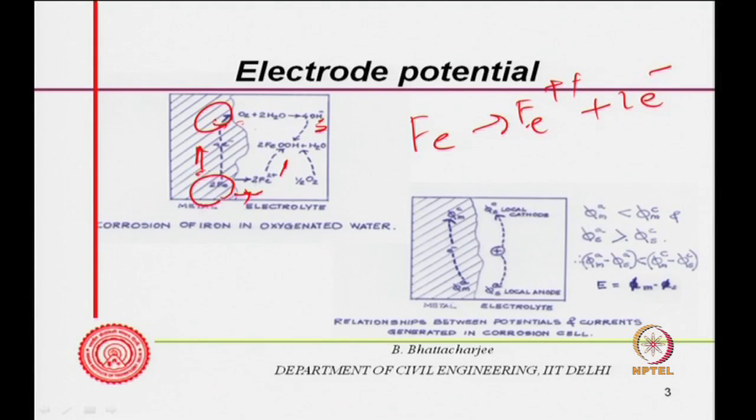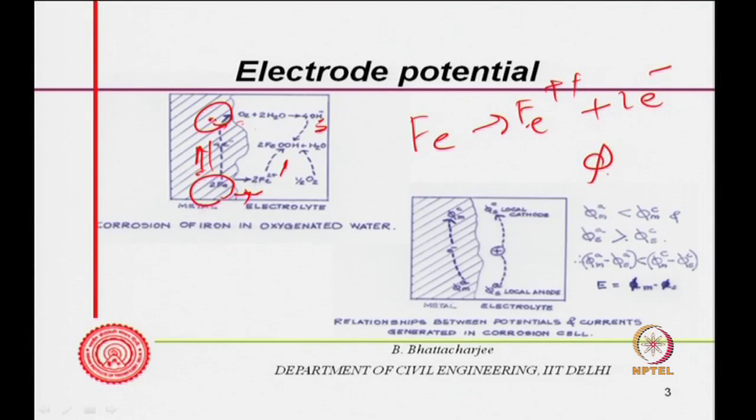Now, we talked about a double layer, with a potential at the metal and a potential at the electrolyte. There are two potentials. Let us denote them by phi.